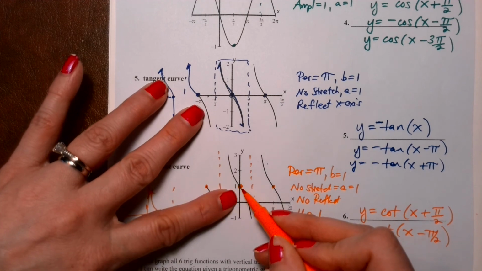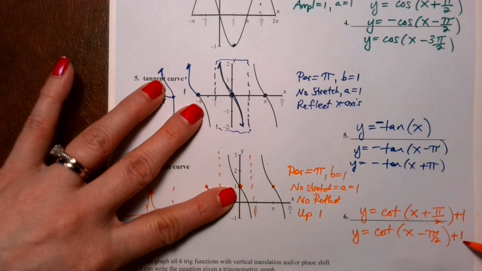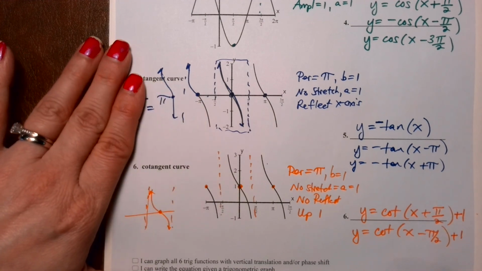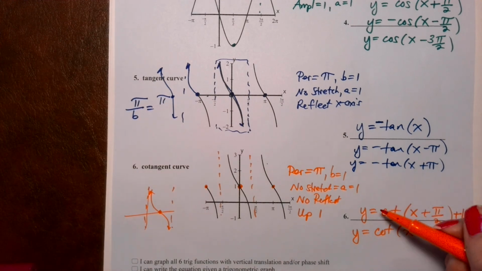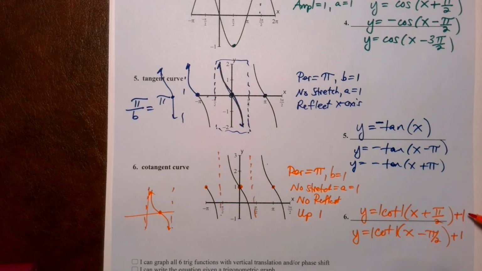Shift up 1, so outside the parentheses. Either way, you would have to have a plus 1 for the shifting. Some things are going to match. Everybody's going to have 1s for a and 1s for b, and the d value. It's the shifting that's not going to be the same for everybody.